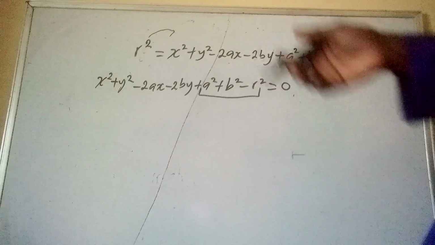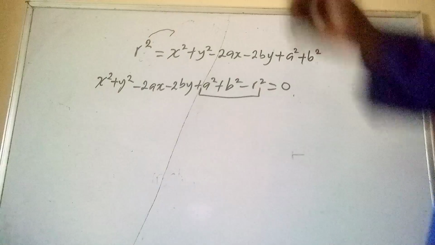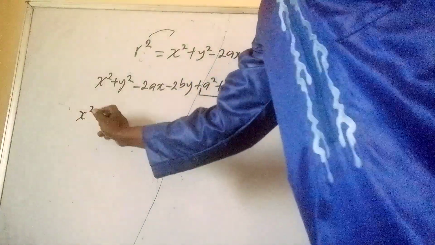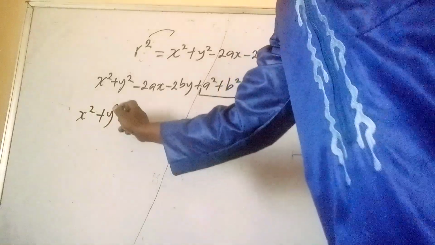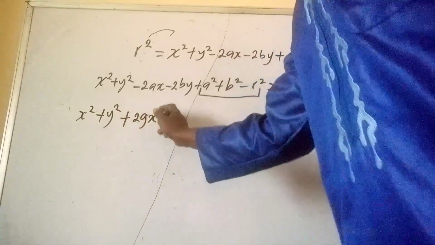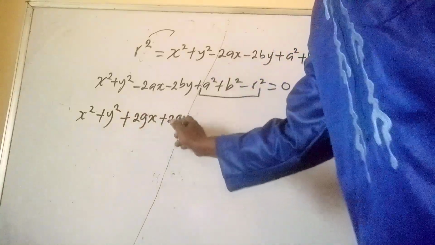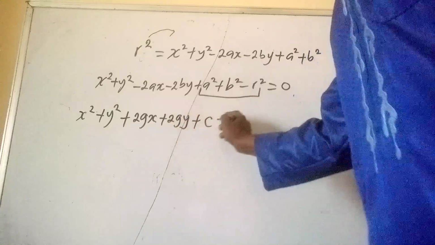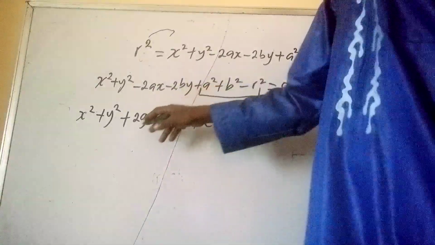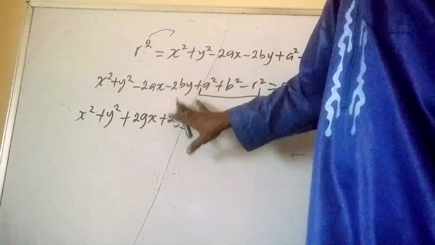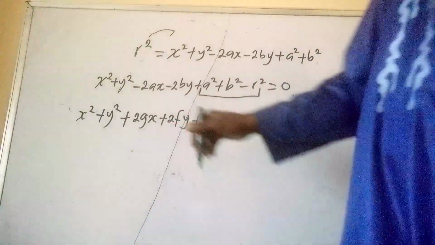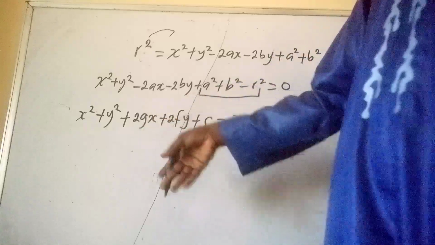Now, we can reduce this by saying x squared plus y squared plus 2gx plus 2fy plus c equals to 0. I know you might be wondering, how did I get g and f into this?